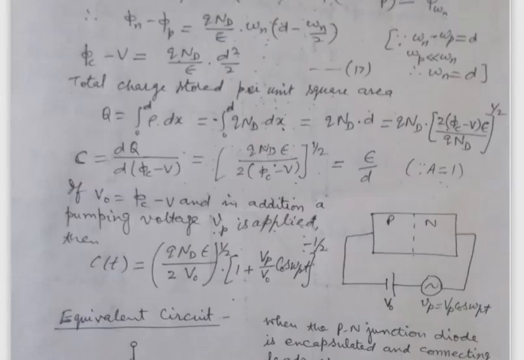Again, C is given by dQ over d phi c minus v. So after differentiation, this will give us C equal to Q Nd epsilon upon twice phi c minus v power minus 1 by 2. And again, if we eliminate phi c minus v, this will give us C equal to epsilon upon d for unit area. It means this expression is similar to the expression for the parallel plate capacitor.